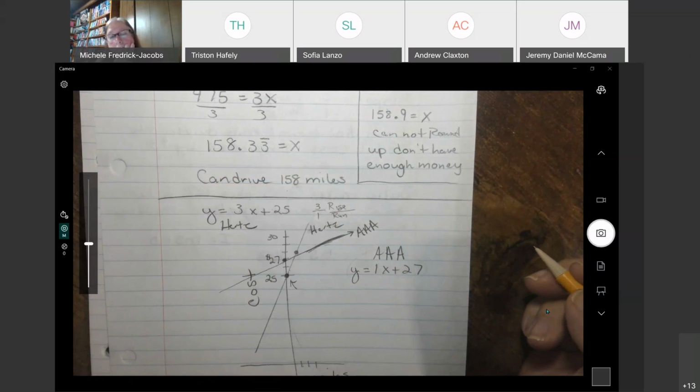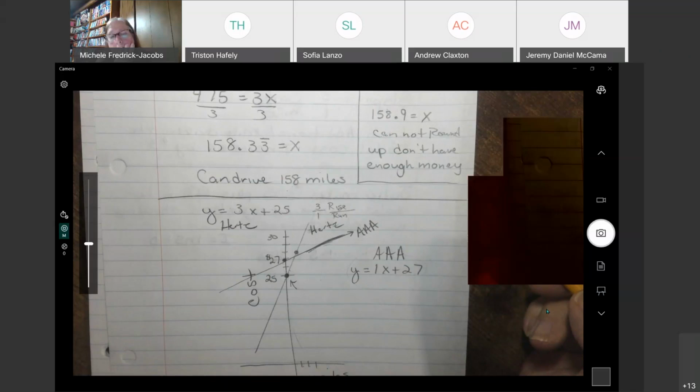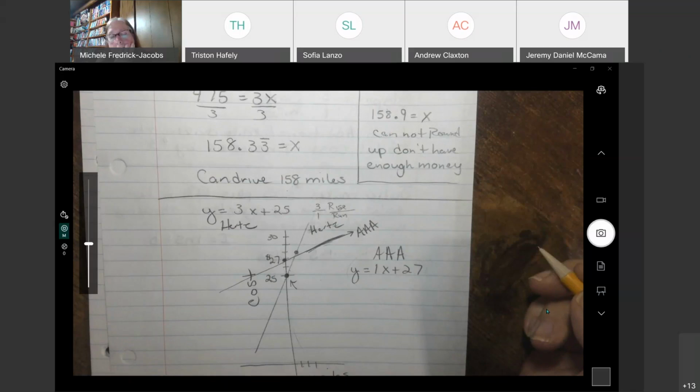AAA starts out at 27, it's at 25. Mm-hmm. Given that it's competition, the 27 and 25 that they put down, actually, never mind. I think I just figured it out.